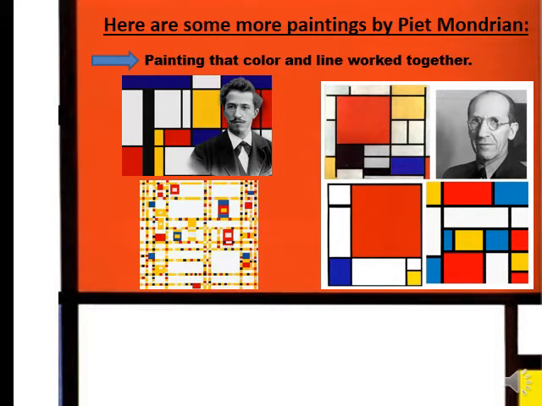Like you see in this picture, you can see the three primary colors that are red, yellow, and blue. Do you remember? He used vertical and horizontal lines. These lines are in black color, and moreover, he used gray and white.